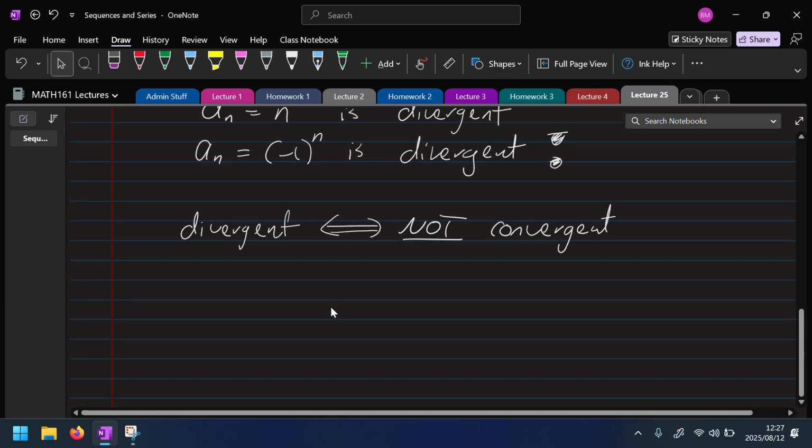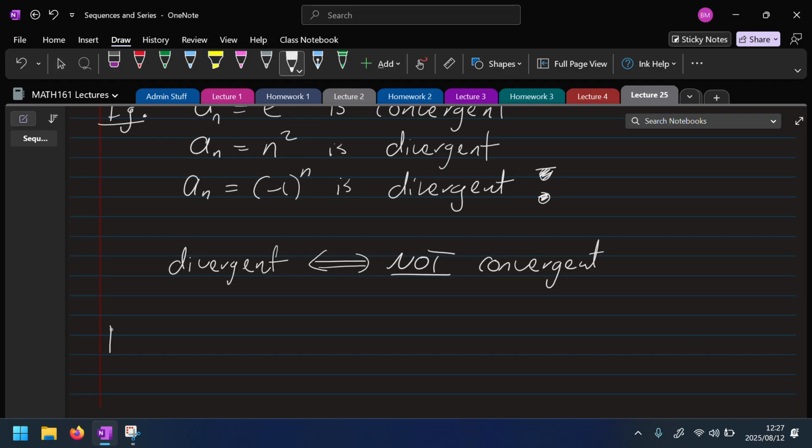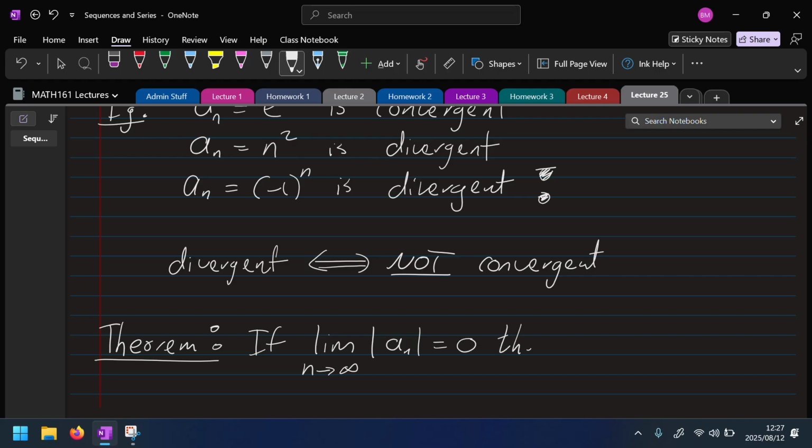We've got a theorem. This chapter and the next chapter will have a lot of theorem proofs, so please prepare yourselves for that. Theorem: if the limit as n goes to infinity of the absolute value of a_n is equal to 0, then the limit as n goes to infinity of a_n by itself is 0.